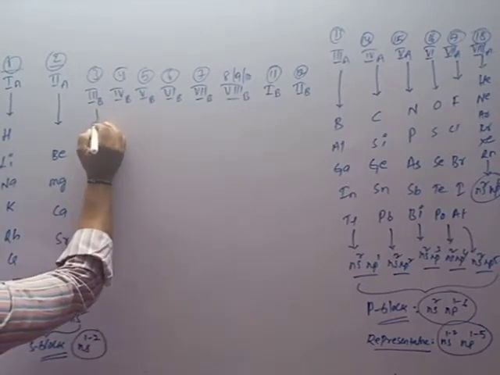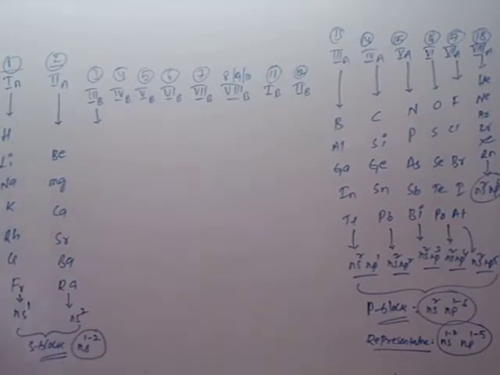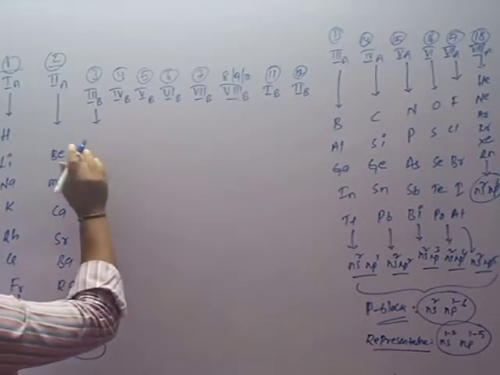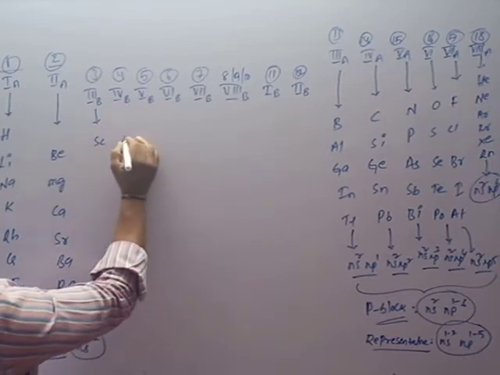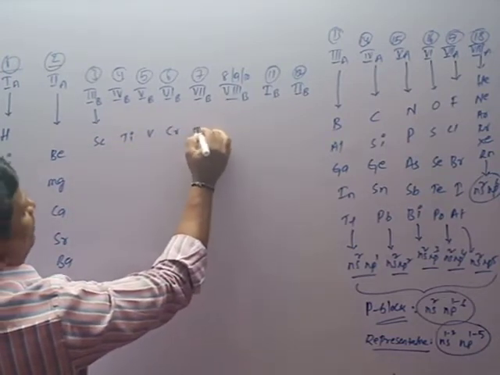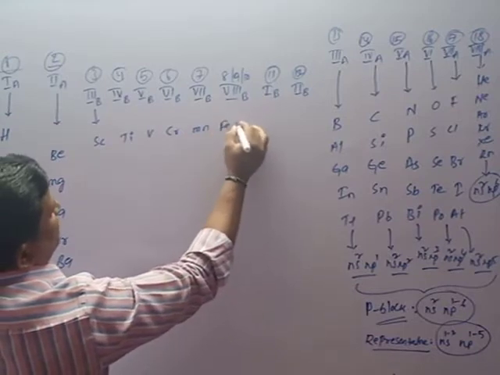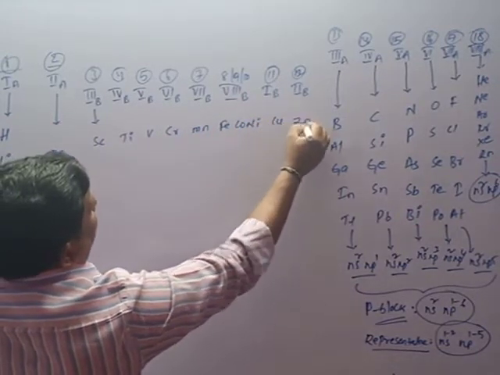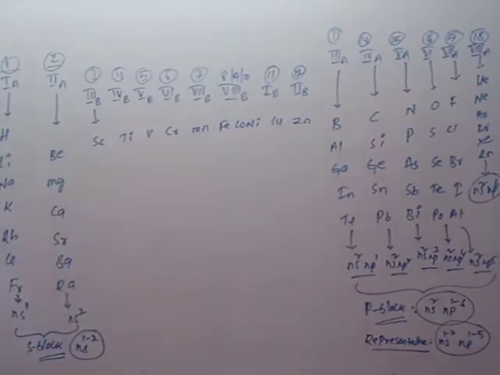The next one is the third B group elements. The best example is scandium, titanium, vanadium, chromium, manganese, iron, cobalt, nickel, copper, and zinc.